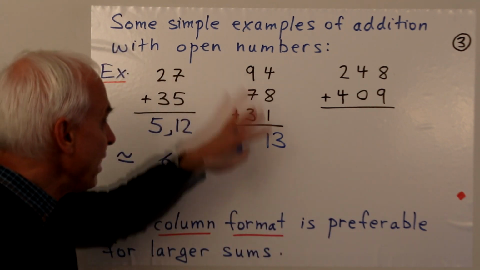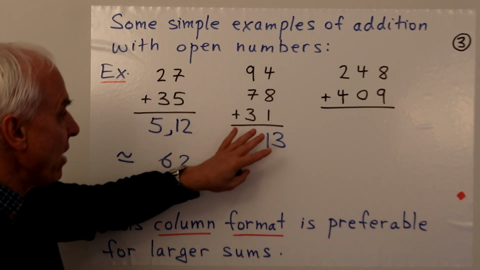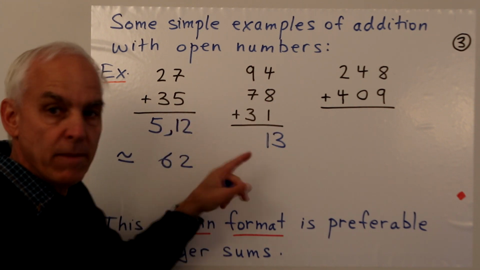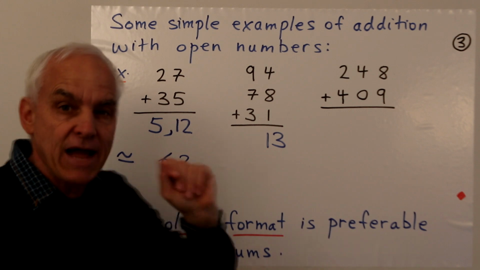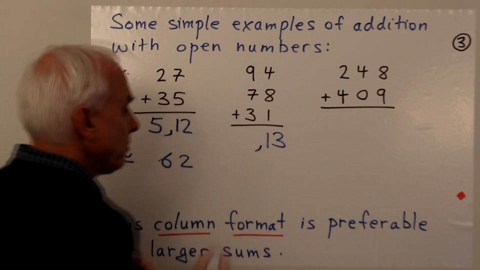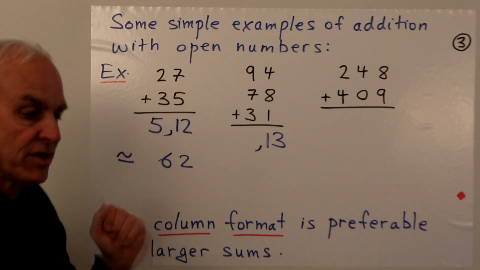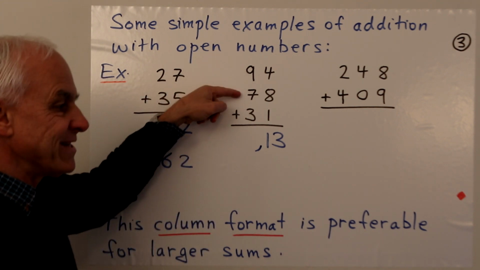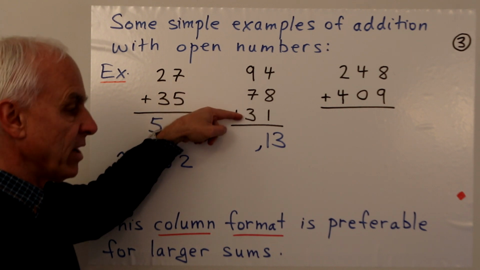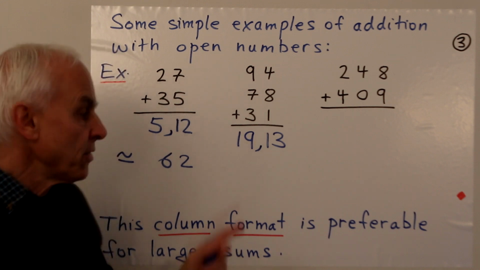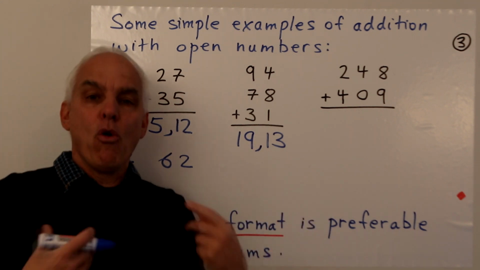So somebody later on coming around, checking our work, can check and see what the totals are, and maybe we've made a mistake, and they can identify exactly where the mistake is. Okay, now we're going to put a comma here, and now we're going to add up the tens. Start at the top. 9 plus 7 is 16, plus 3 is 19. So there are 19 tens. So that's an answer as an open number.